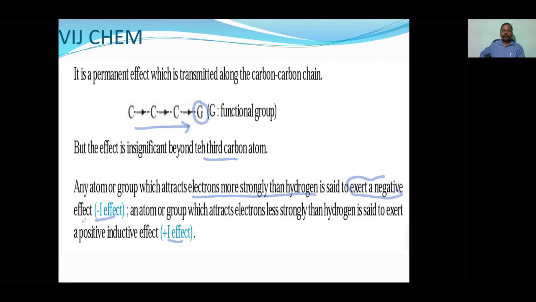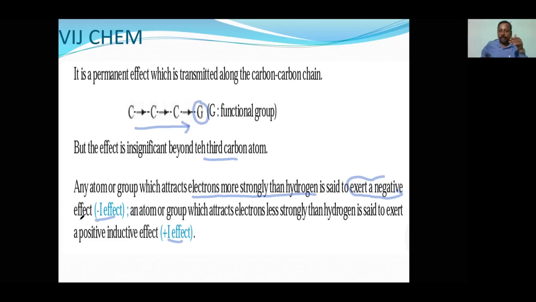I effect. Whenever you compare electronegativity, some A is attached to our group. So whether that A is going to show positive inductive effect or negative inductive effect, we will compare with respect to hydrogen. If it is more electronegative than hydrogen, it is going to show minus I effect.